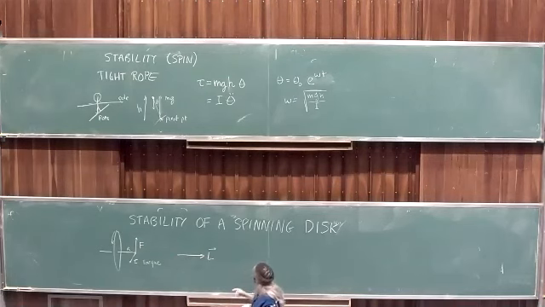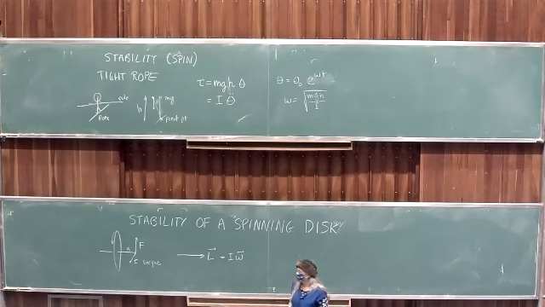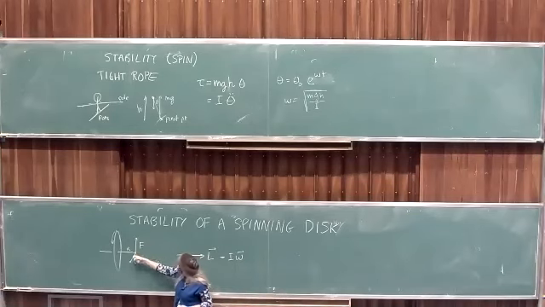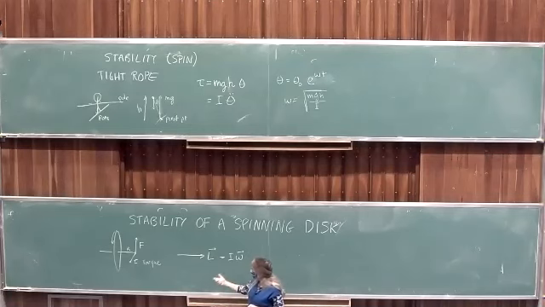Remember L is I omega, but omega is a vector that has the length of the angular rotation rate and it's aligned on the rotation axis. The torque is r cross F. If F is perpendicular to r, then r cross F is perpendicular to r, and perpendicular to L. And so that means the torque, which is the change in angular momentum, is also perpendicular to L.